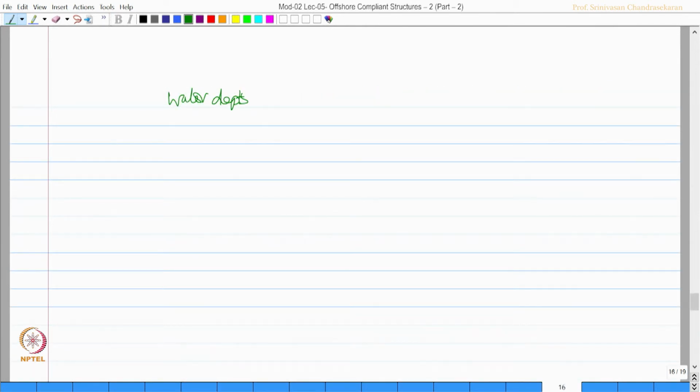Essentially, large FPSOs have been deployed at various water depths in Australia and New Zealand. They vary anywhere from as deep as 102 meters to that of 825 meters.